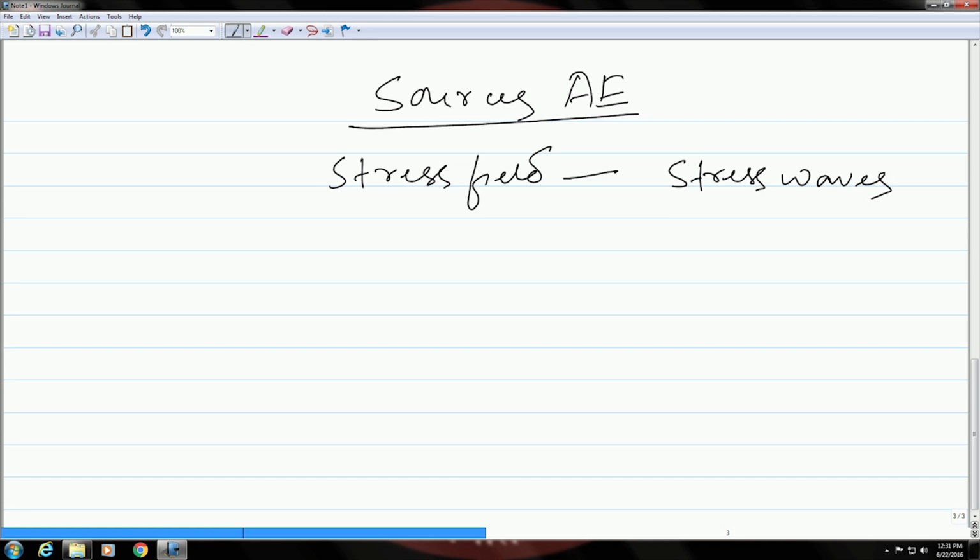So, when you load a material or a system, various things can happen, depending on what kind of material or system it is, which can act as sources of acoustic emission by providing some active defect inside the component.